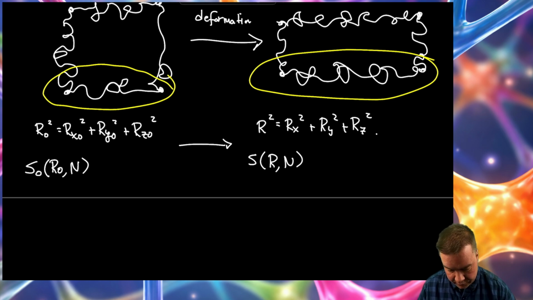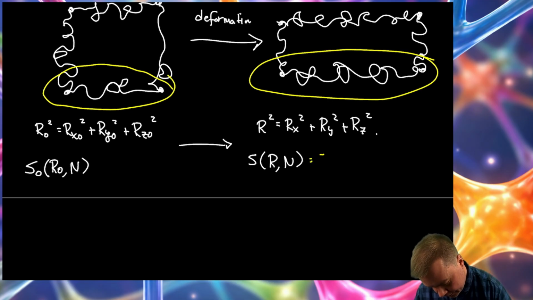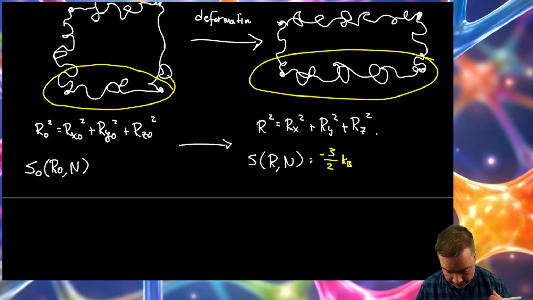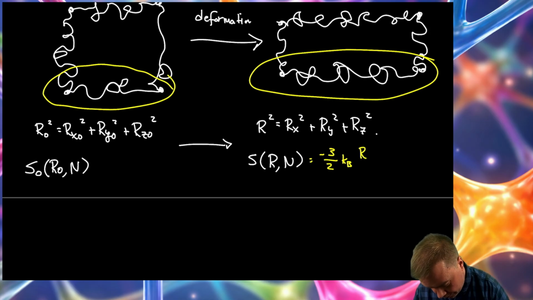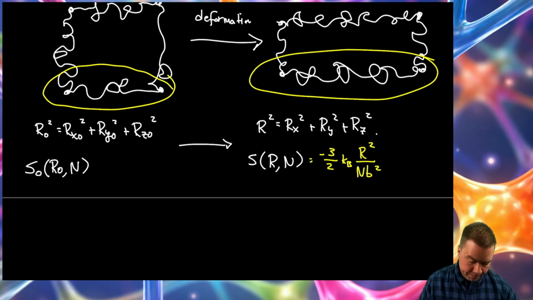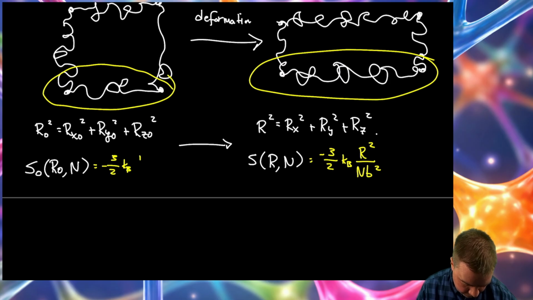And now if we just plug in what we know for the entropy of an ideal Gaussian polymer chain, this would be minus 3/2 kb R squared over NB squared is that entropy. And before the deformation, this is minus 3/2 kb R0 squared divided by NB squared.